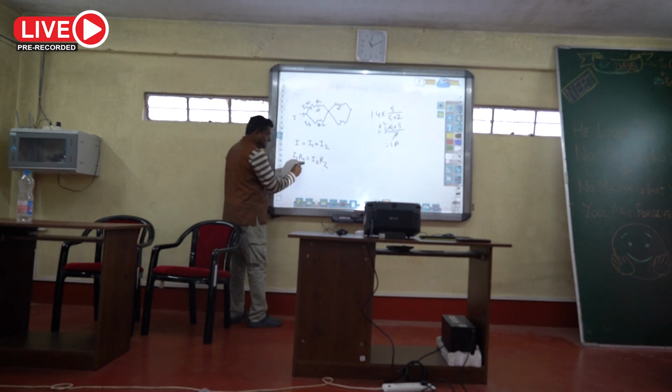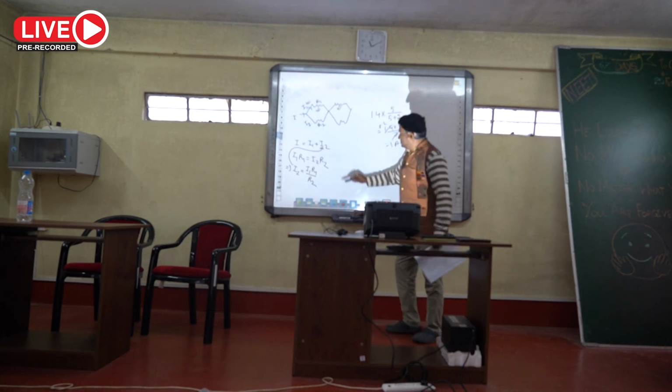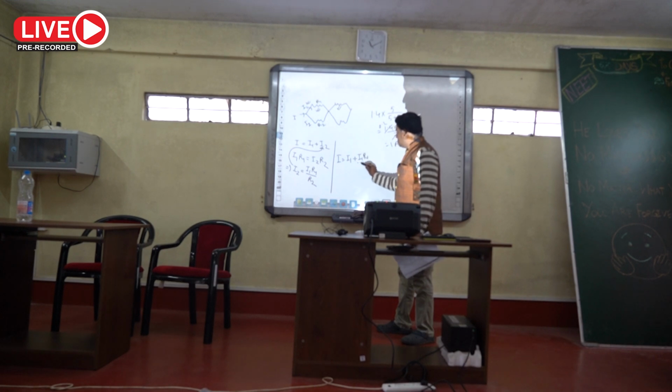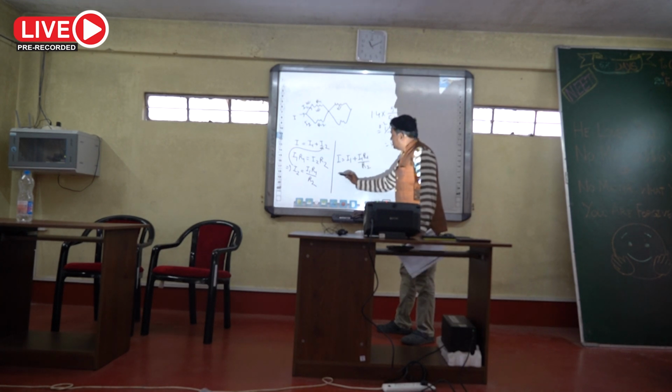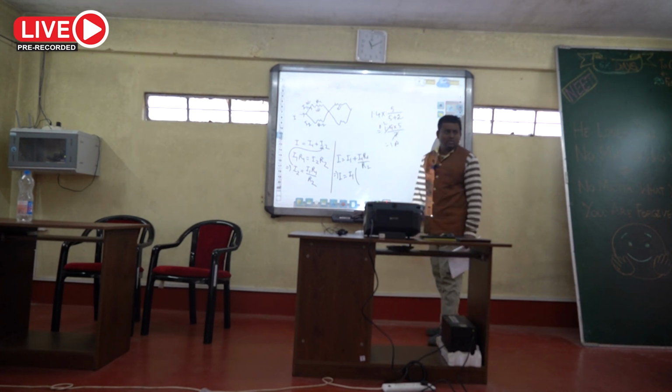From the second equation I can write I2 equal to I1 R1 by R2 and substitute this here. What will you get? You will get I equal to I1 plus I1 R1 by R2. So I equals I1 common, 1 plus R1 by R2.